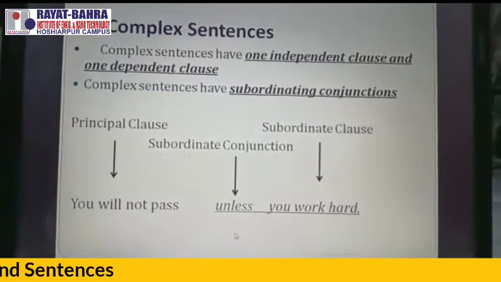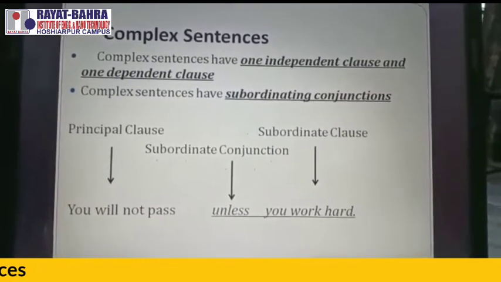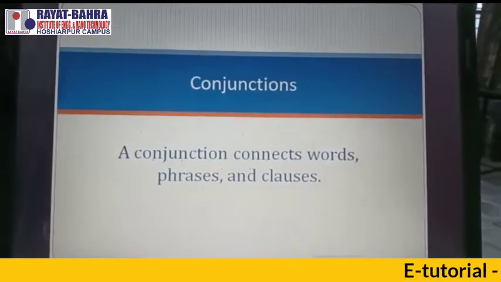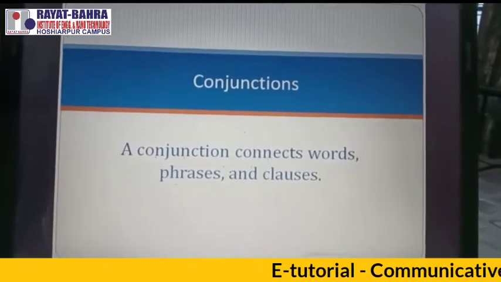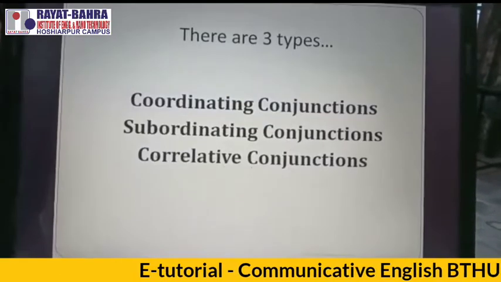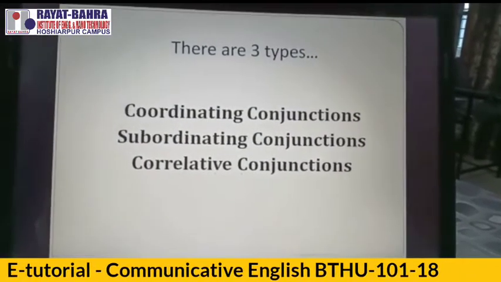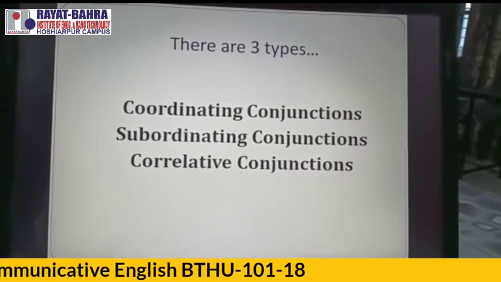Now you will ask me, how do you come to know that this is a subordinating conjunction and not anything else? So let me tell you that I have prepared one more slide for you for the understanding of conjunctions. Conjunctions connect words, phrases and clauses. Briefly, there are three types of conjunctions: coordinating conjunctions, subordinating conjunctions, and correlative conjunctions.